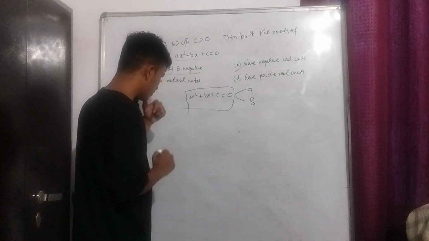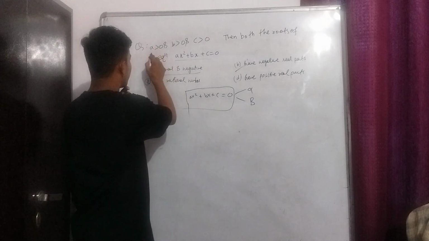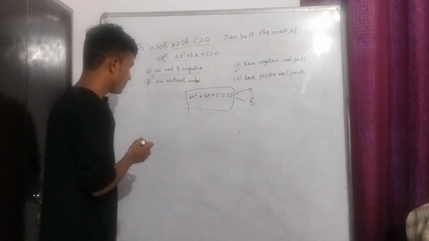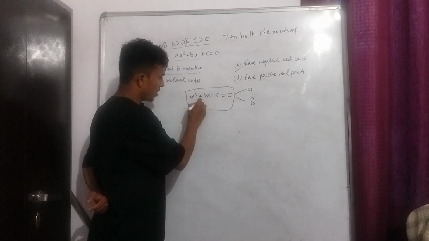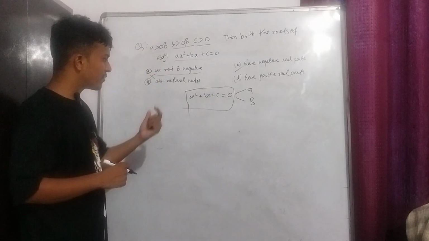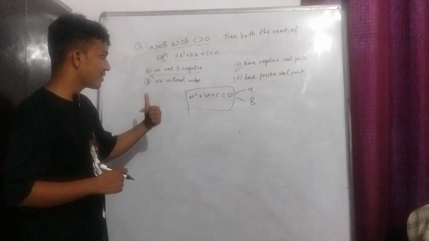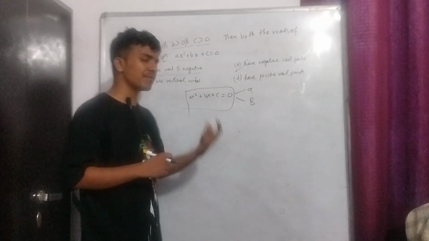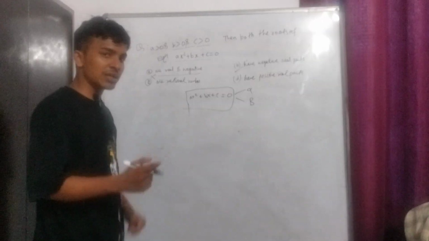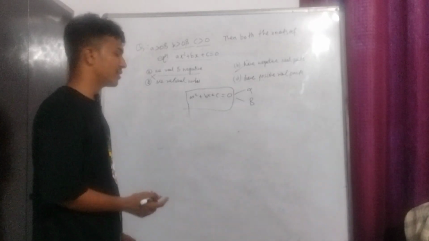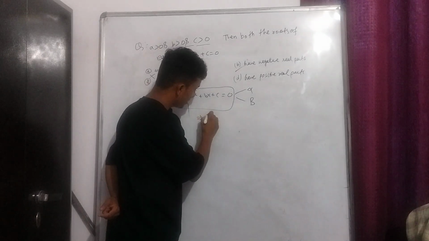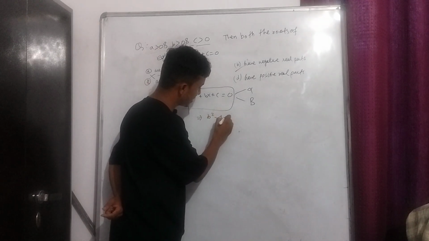First, we have been given a is greater than 0, b is greater than 0, and c is greater than 0. To say whether this equation has real roots or imaginary roots, we need to comment on its discriminant, which is b square minus 4ac.